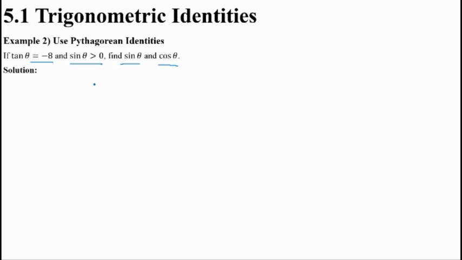So how can you find it? Do you remember the Pythagorean identity? We want sine and cosine, because they give us a tangent value, which means tangent theta squared plus 1 equals secant squared, right?